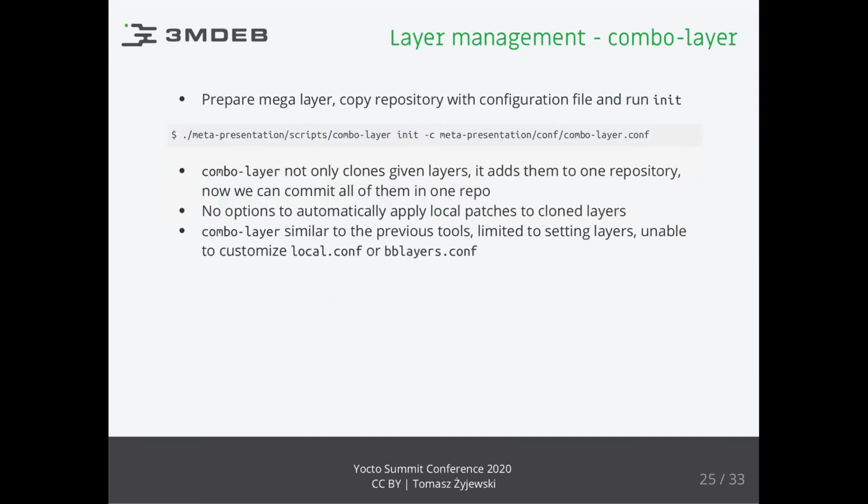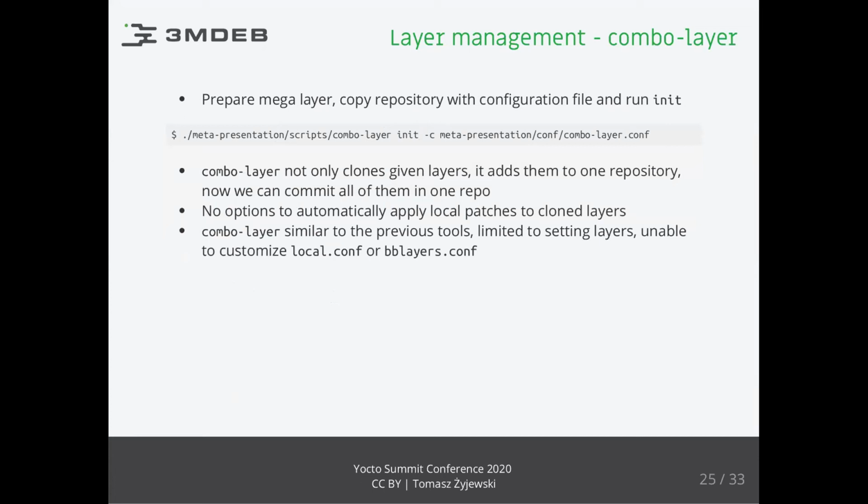Okay, so to prepare our combo layer, as I can name it, we can create an empty directory, clone inside our custom layer, and then run the combo layer init action with the configuration file stored in our custom meta layer.